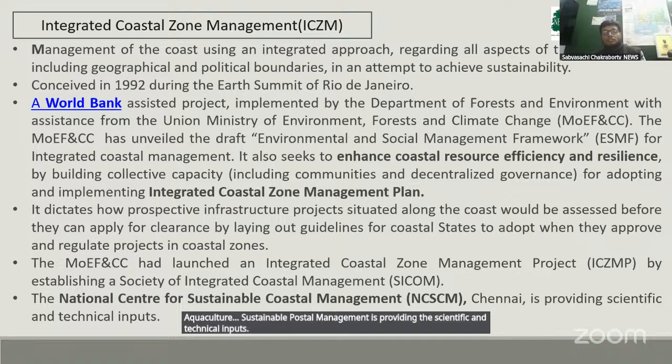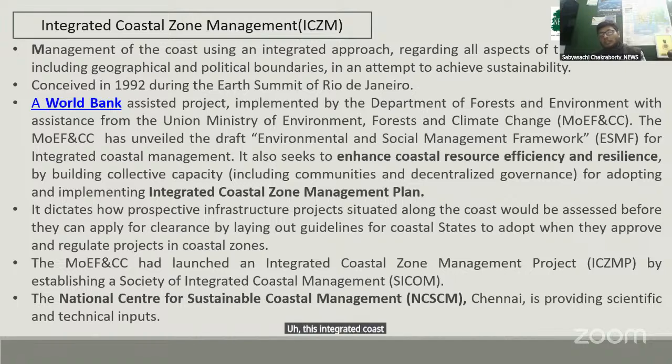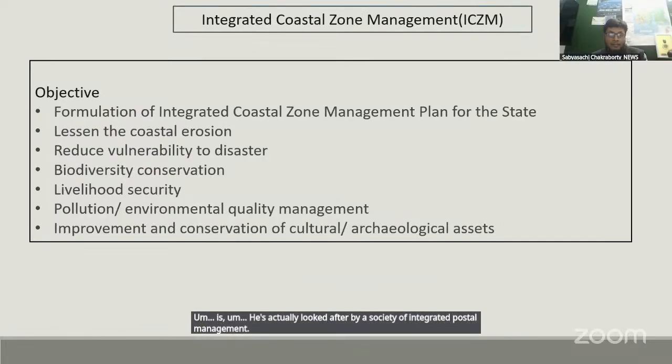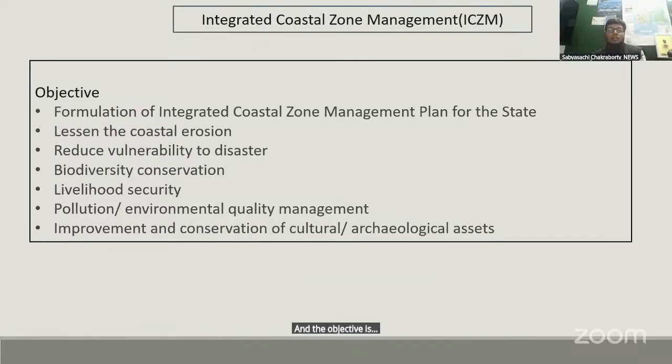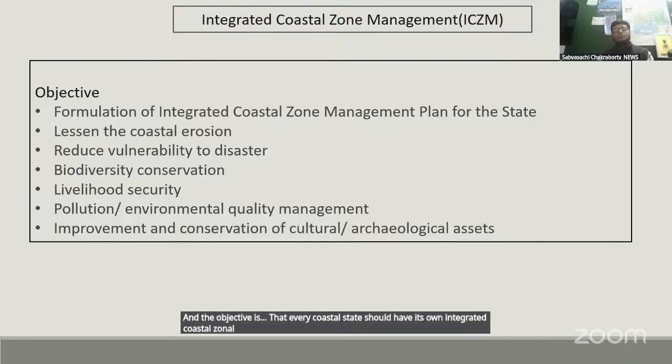This integrated coastal management plan, launched by MoEFCC, is looked after by a Society of Integrated Coastal Management, and the objective is that every coastal state should have its own integrated coastal zone management plan.